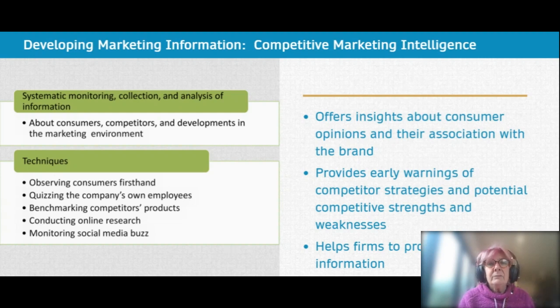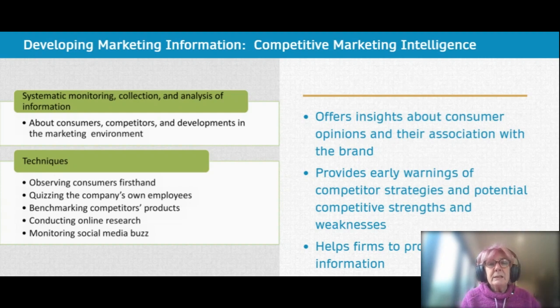How do they get that competitive marketing intelligence? Well, in all sorts of different ways. There's a number of techniques. They could be just observing consumers, watching consumers, seeing what they do. They might be talking to their own employees about their experience of working with consumers. They might be looking at a competitor's products and benchmarking against those.